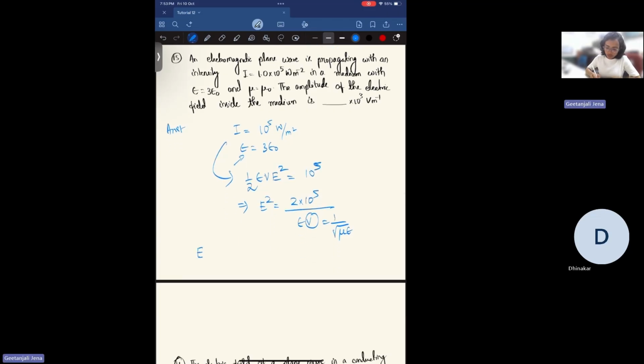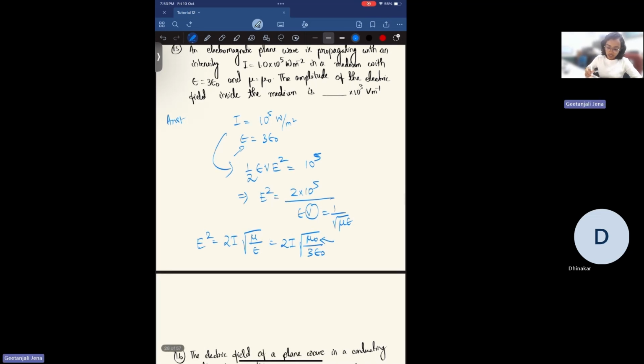So that means E square will be 2y square root mu by epsilon. Just put the value of epsilon naught, which is 8.85, and mu naught is 4 pi 10 to the minus 7. I'm skipping the calculation part. This will give E as 6.6 into 10 to the 3.